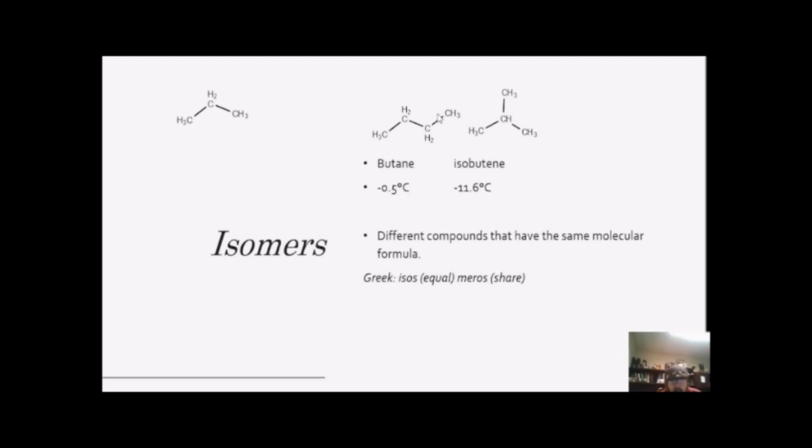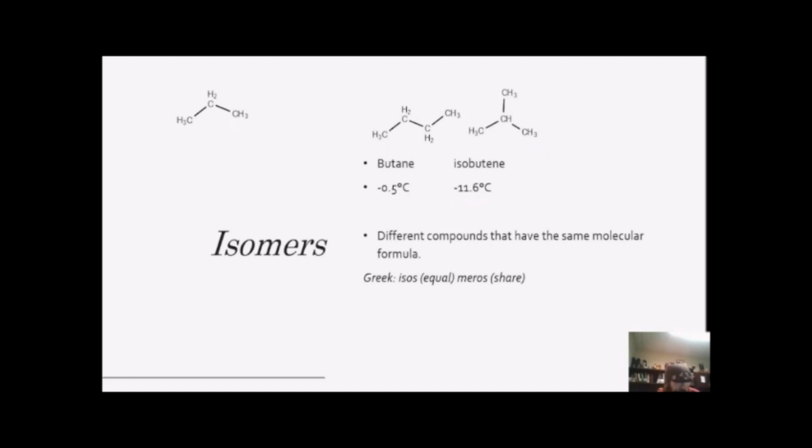Instead of adding a methyl to the primary carbon of propane, we've added it to the secondary carbon to make a tertiary center group. The difference is that this boils at negative 11.6 instead of negative 0.5, so it boils at a much lower temperature. It's a lot easier to boil isobutane than butane.